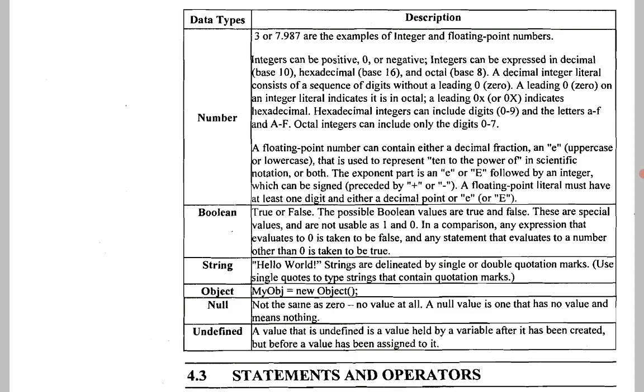Like in C and C++ languages, JavaScript also stores different types of data or information in variables by using various data types. So what are the different data types available in JavaScript?